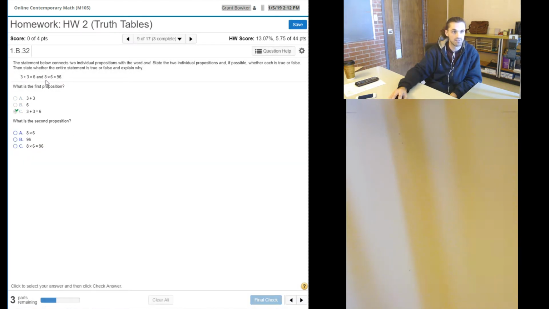The second proposition would be this 8 times 6 equals 96. The first proposition, true or false, well, 3 plus 3 is definitely 6. The second proposition, 8 times 6. 8 times 6 does not equal 96, so that is false.